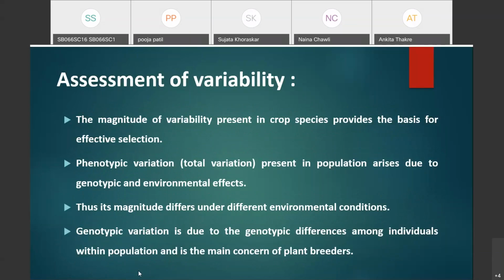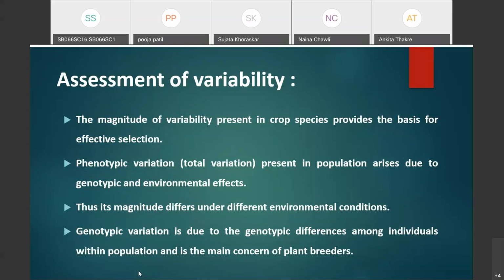What is meant by the assessment of variability? We are discussing here how the variation in the mixed population is assessed. Because the genetic variation in the population is the important prerequisite for any crop improvement program.